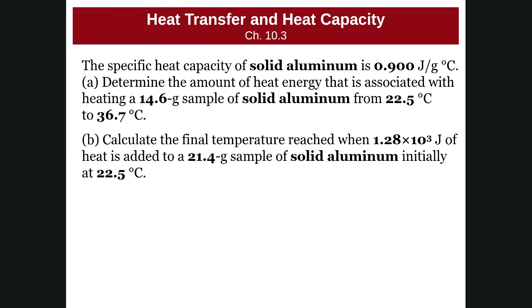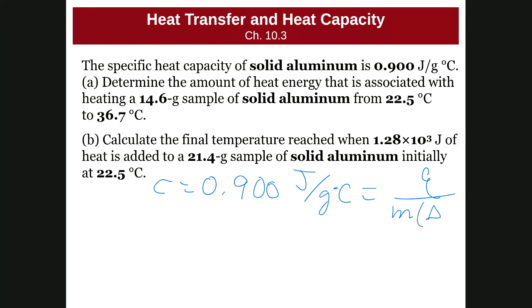Aluminum has a heat capacity of 0.900 joules per gram degrees Celsius as given in the problem, and that is equal to Q over the mass times the change in temperature. For A, we're solving for Q, so I'm going to put Q by itself and multiply m delta T to the other side.